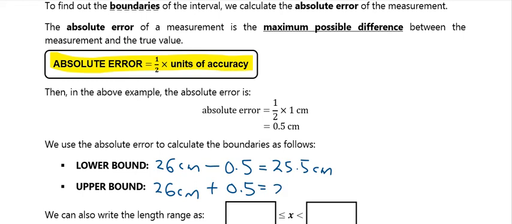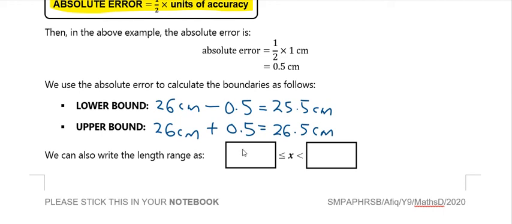So your answer over here will be 26.5. We can also write the length range: on the left you put the lower bound, which is 25.5, and on the right side, which is the maximum, will be your upper bound. And you can also write this as 26 centimeter, which is your estimated measure, plus or minus 0.5, which is your absolute error.